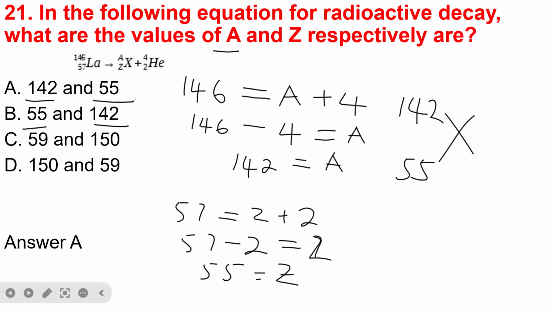The word respectively made me choose option A. If you are not careful with this word respectively, you may choose the wrong option like I did. So the answer is option E. I did the calculation and everything, but because of the language, I chose the wrong option.